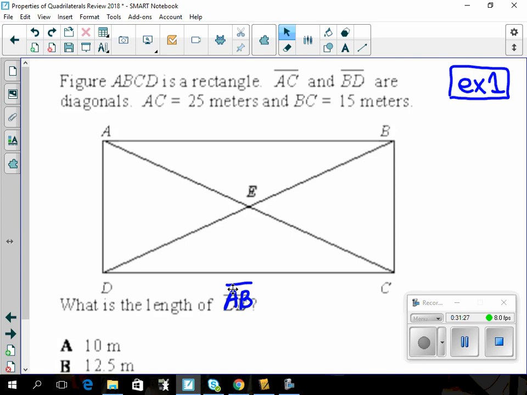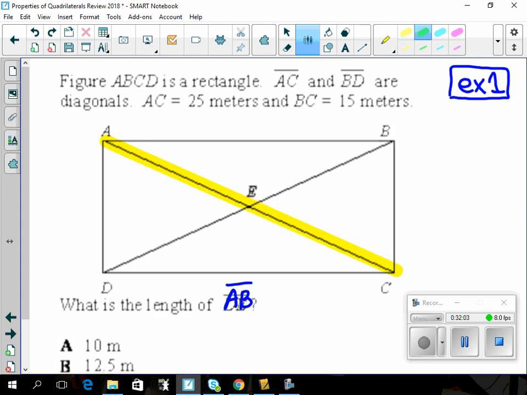We have it being A, B, C, D. We have them intersecting at E in the middle. So label them with the points and the names. Label AC as 25 and BC as 15. Because it's a rectangle, I know some things. I'm going to highlight my AC.